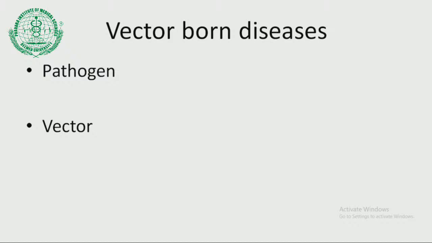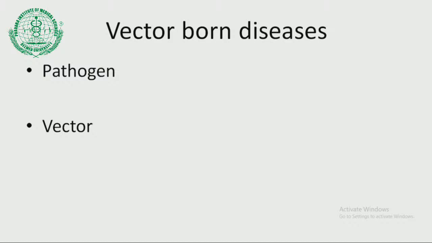They equally share the importance and they equally share the burden of transmission of the disease. If any one of them is not there, the transmission of the disease will be difficult. For example, if the population of Aedes mosquito in a particular locality is brought down, is brought under control, the incidence of dengue will certainly decrease.